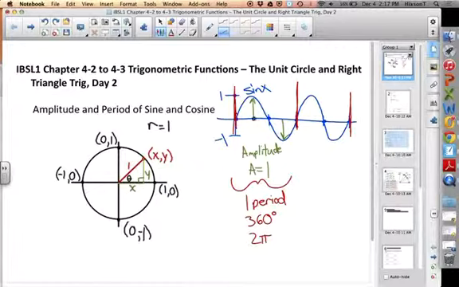When sine comes back down to 0, cosine is at negative 1. And then when sine goes down to negative 1, cosine is at 0. And then once sine gets back to 0, cosine is back to 1. Alright?